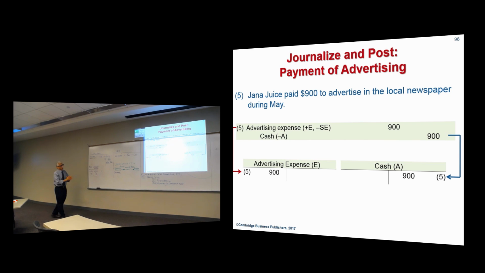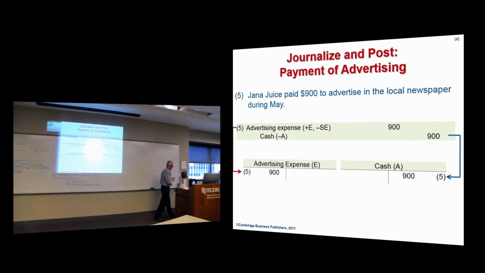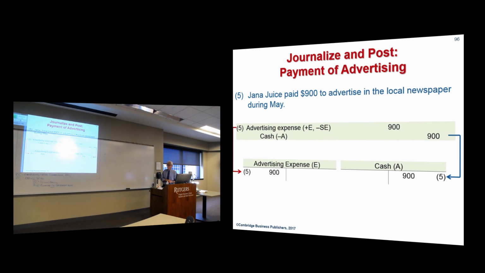So the debit to advertising expense for 900, which we did on the equation, is going to be debited to the expense account, and of course, we're going to credit the cash account. So that expense is coming out of cash. Questions on that? Again, the notation is important because anytime we increase the expense, we reduce the stockholders' equity.